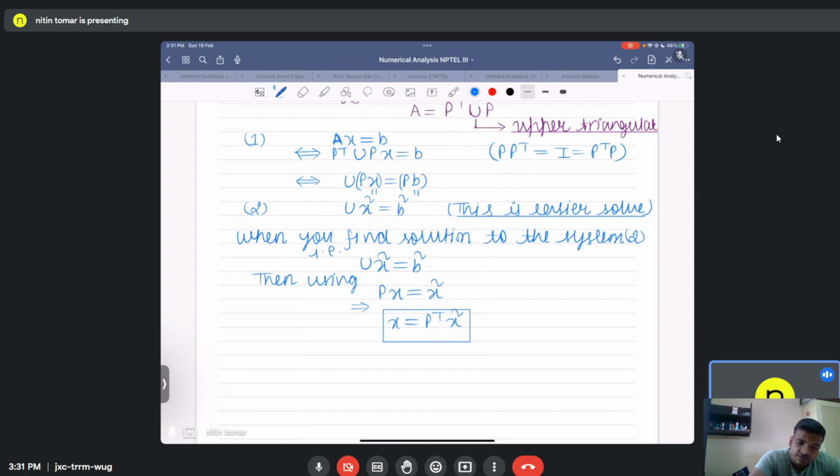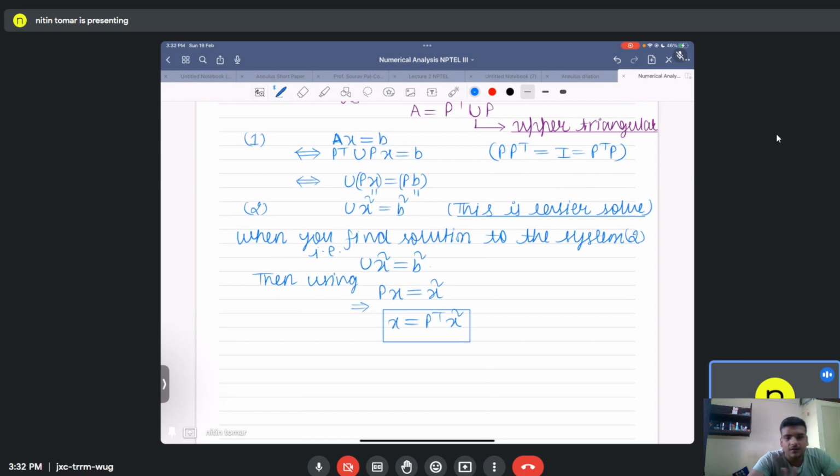Now we know the system with the upper triangular matrix is fairly easy to solve as compared to any arbitrary matrix A. And when you find the solution of 2, we know what will be the original solution. The original solution will be P transpose times x tilde.